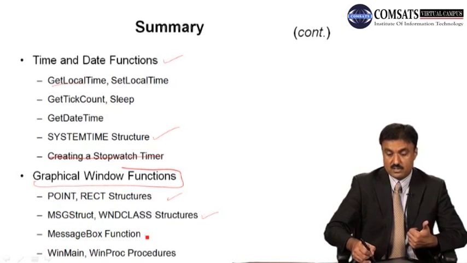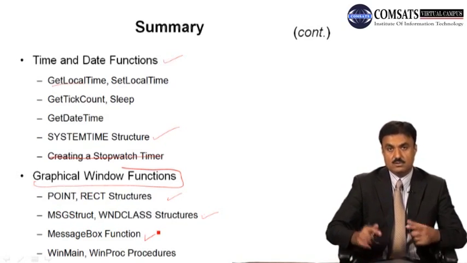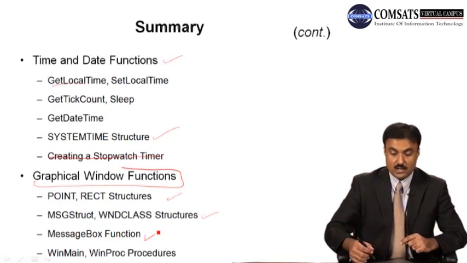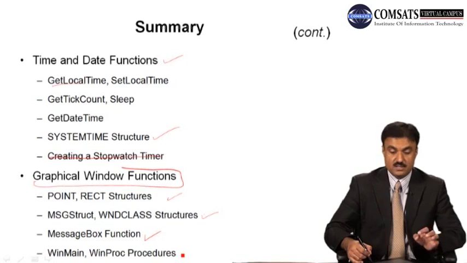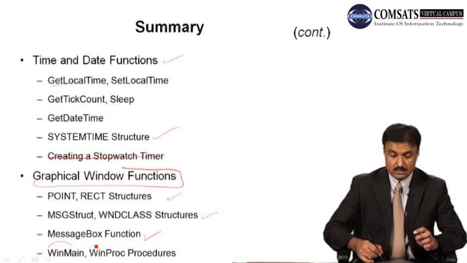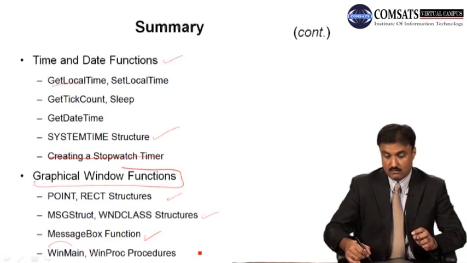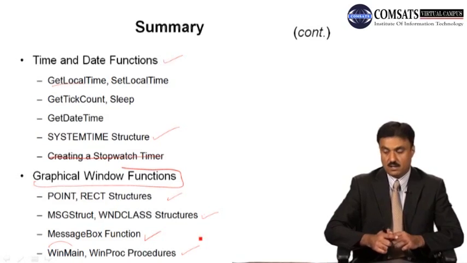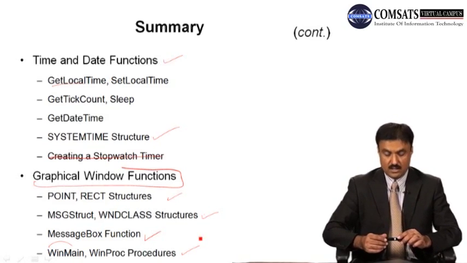And we have the MessageBox function. This is a very simple function, so you can get a simple pop-up window, a small window with OK or other buttons and so on. Then we have the Windows main procedure, which will be used to handle or control the main window inside the assembly language.